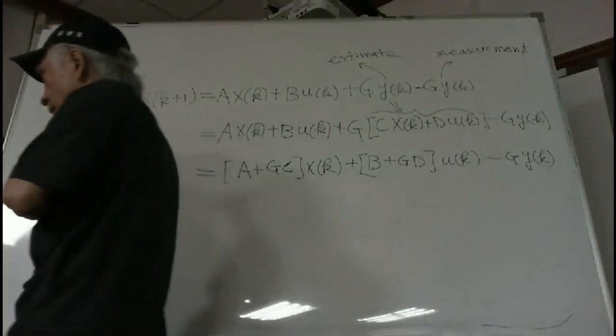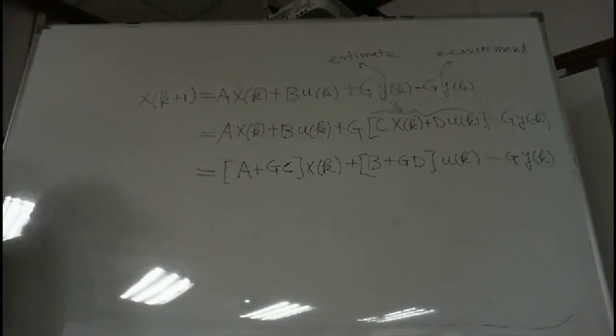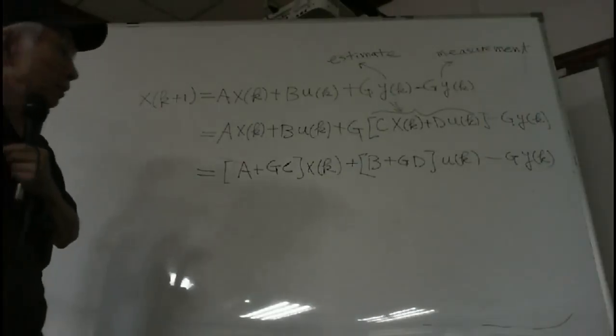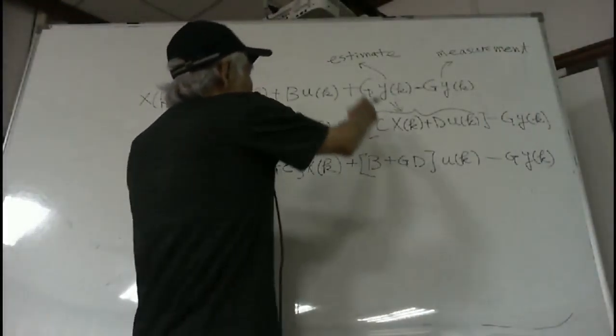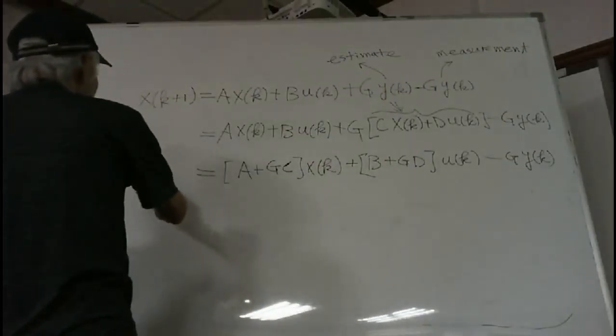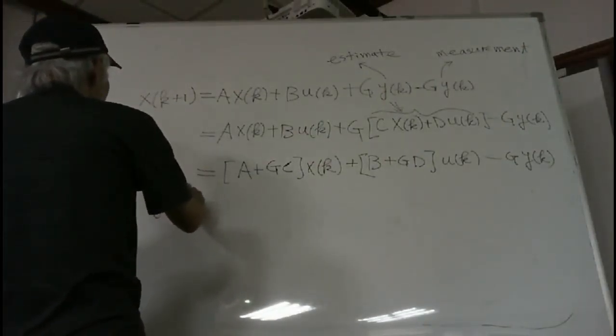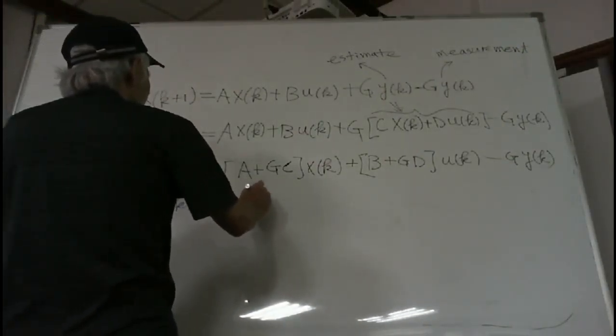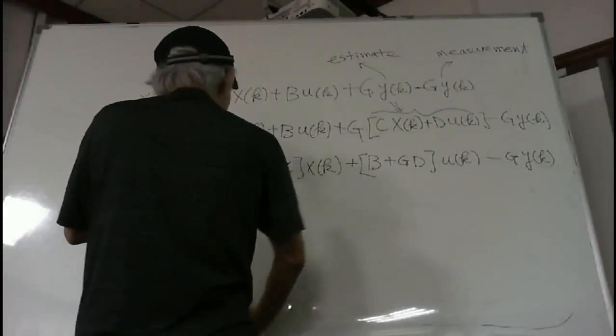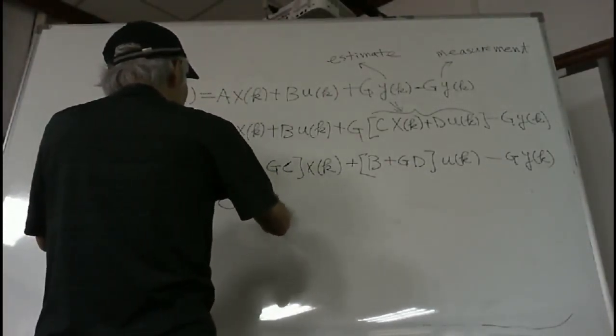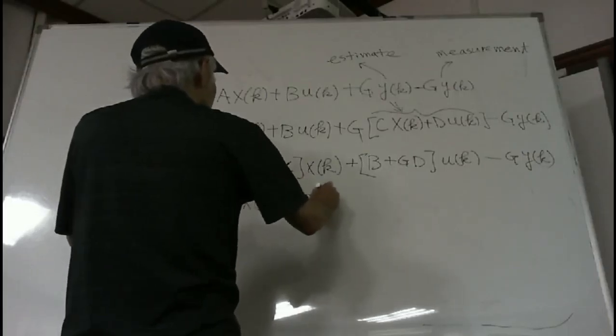That's why I write it this way, because from the estimate, yk equals Cxk plus Duk.